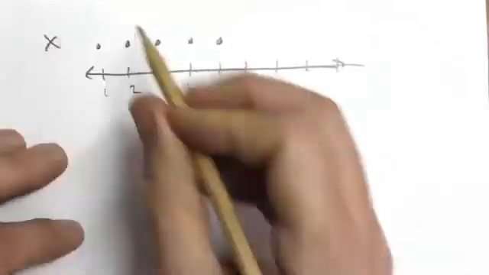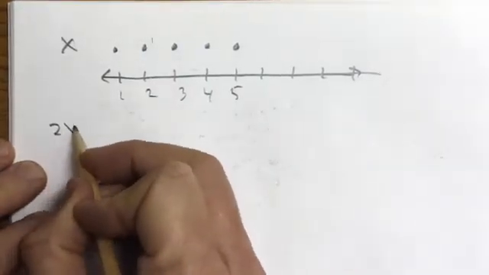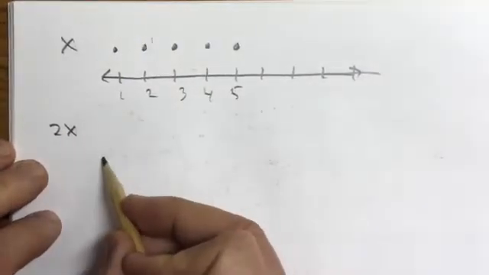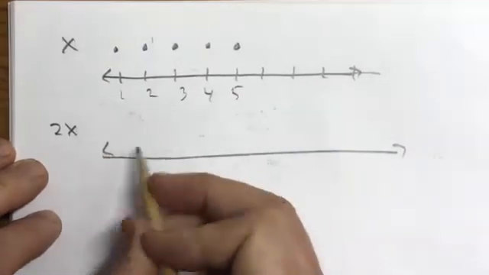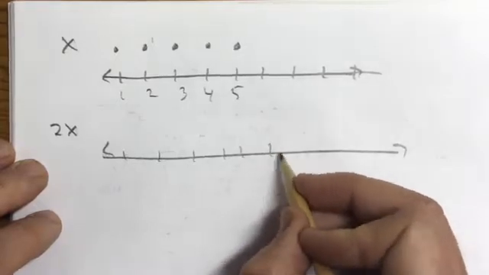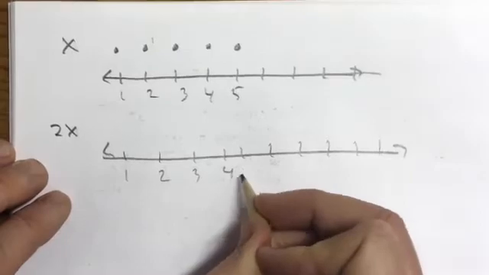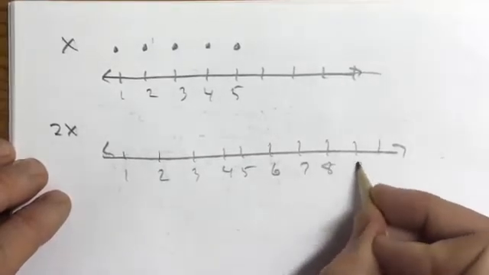And so that's x. Let's say I multiplied that by 2, and I said 2x. So I multiplied every one of those numbers by 2.